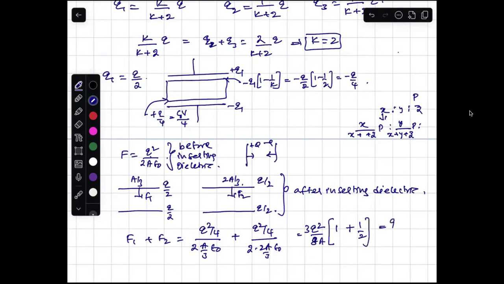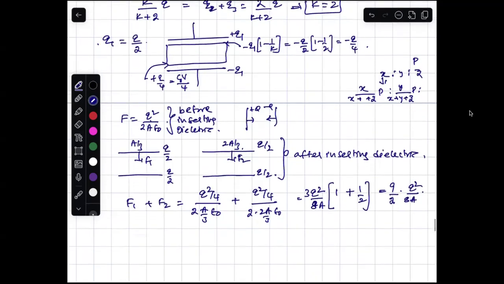This is what you will get, 9 by 2 times Q square by 8A. Just please confirm whether my calculation is correct or not.